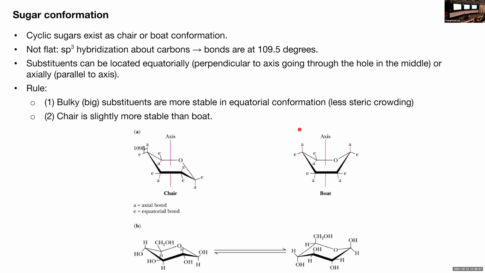If the bulky stuff is axially attached, they have more chance to meet each other, get closer, and create clashes. And the second rule is that the chair is slightly more stable than the boat form. And you can guess, I'm going to ask, whether I'm going to ask this or not: why is the chair form more stable than the boat form?